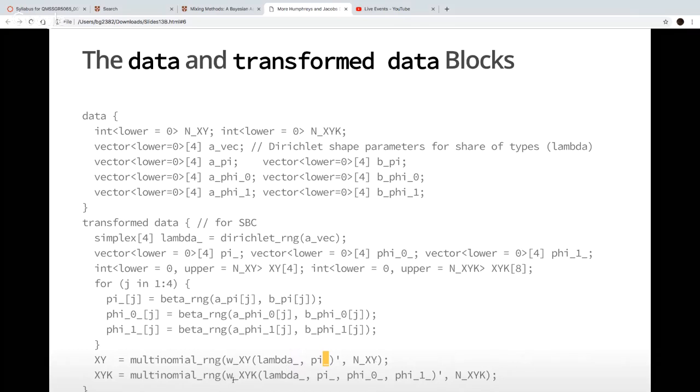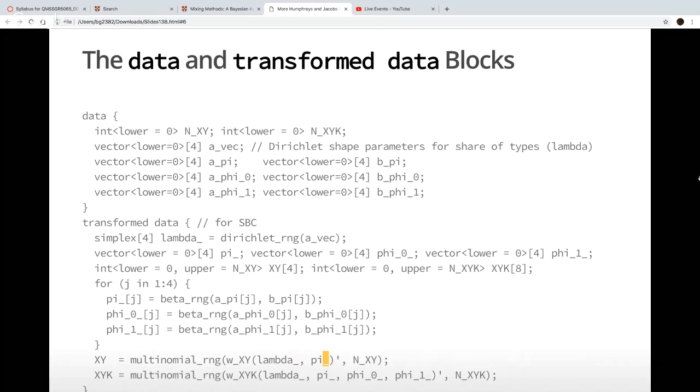And then similarly take a draw from a multinomial distribution, but now calling the other function that I declared in the functions block to give me that simplex of conditional probabilities and then the number of observations that I want, where we have x data, y data, and clue data.